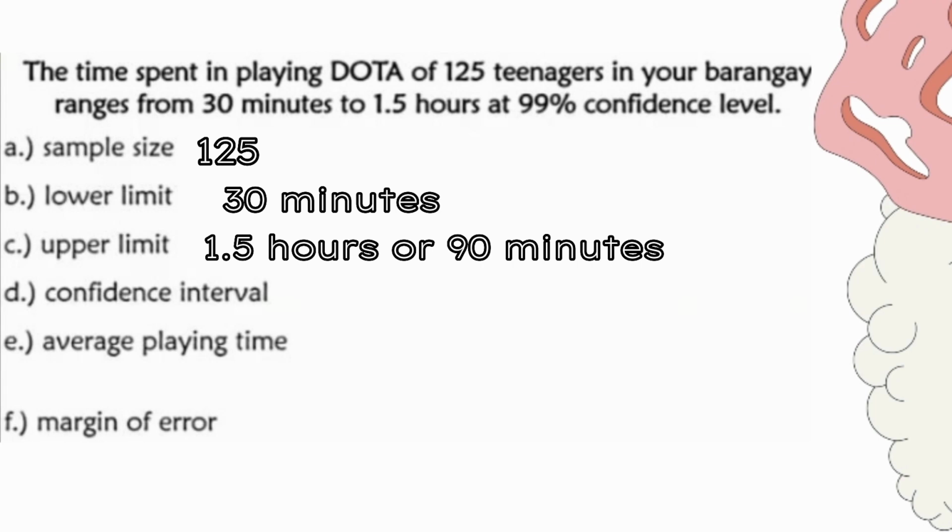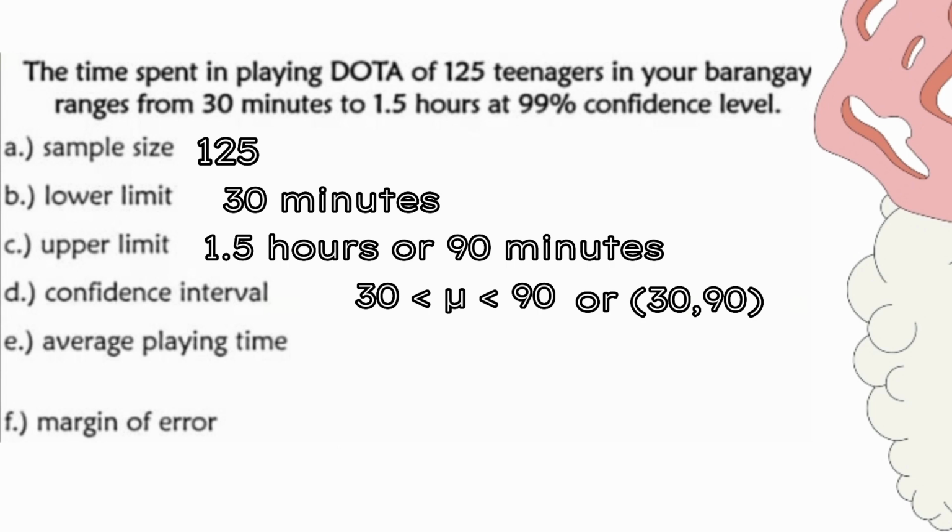Confidence interval: mu is greater than 30 but less than 90. Or we can also write it this way: open parenthesis, 30, 90, and closed by parenthesis.